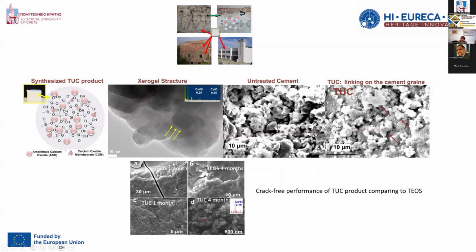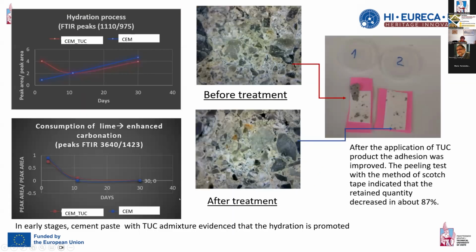Indeed, here you may see the untreated cement and how the treated cement created those bridges with the grains of concrete. And of course, you may see here that the structures were without cracking, instead of the initial TEOS structure, which alone, without the incorporation of calcium oxalate, shows those cracks.